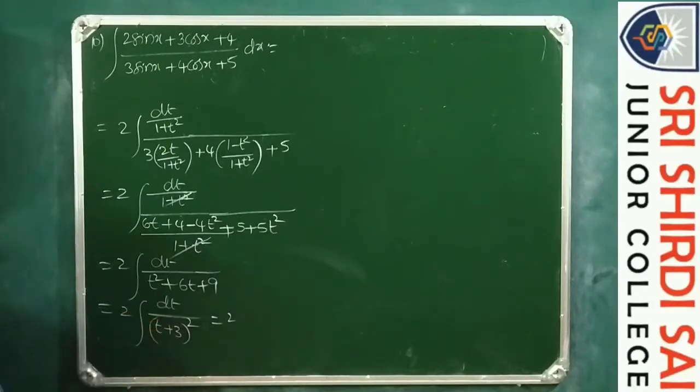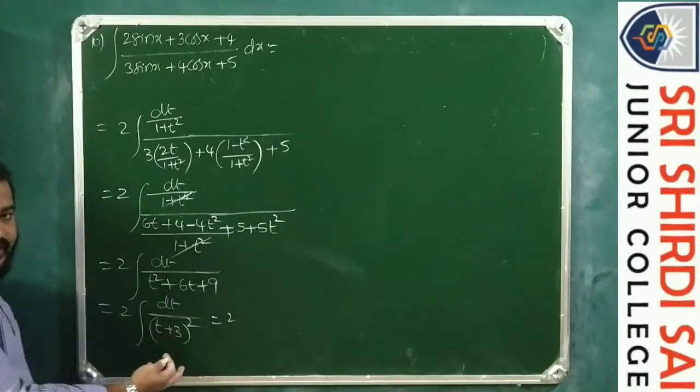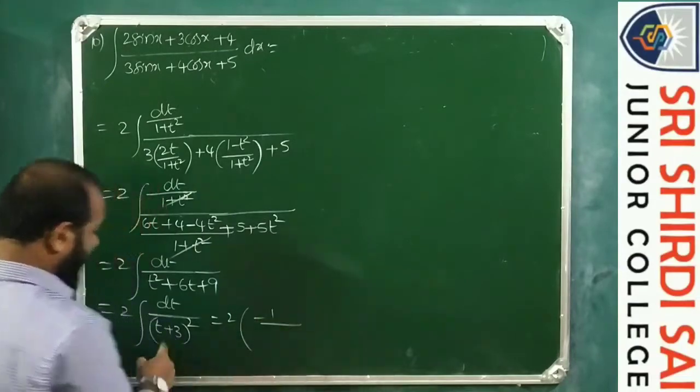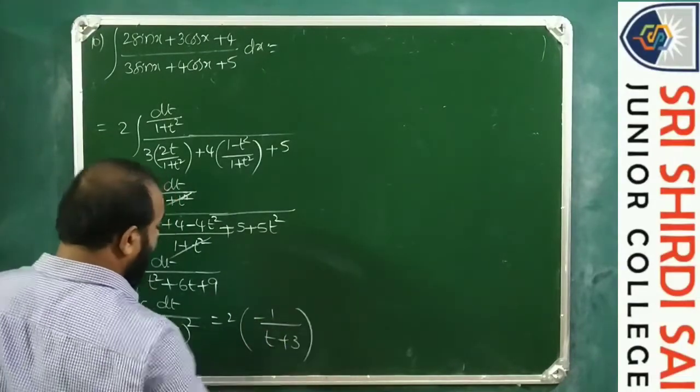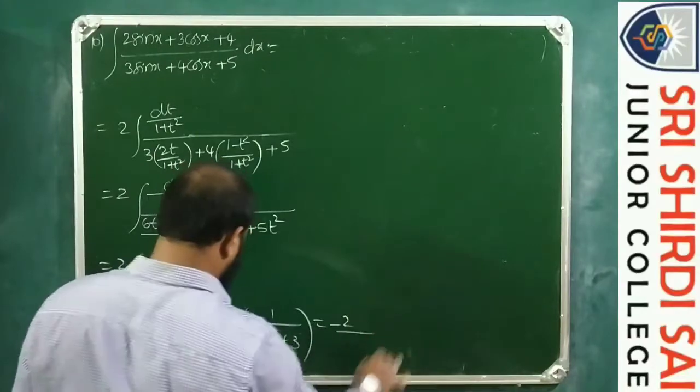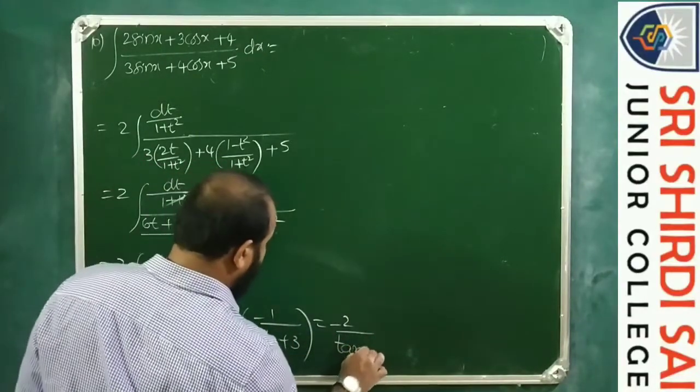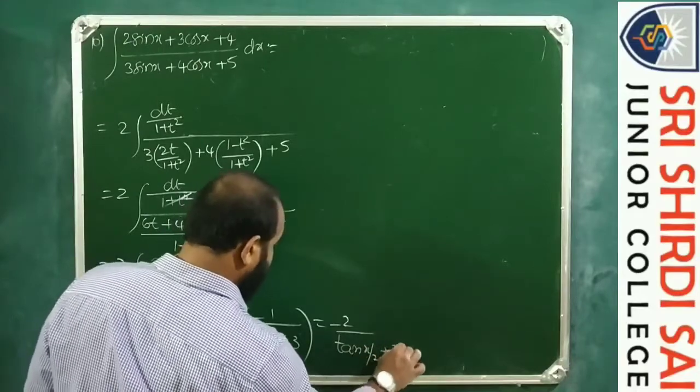integral 1 by x square dx is minus 1 by x. So this is minus 1 by x, here x is t plus 3, so minus 2 by t plus 3, where t value is tan x by 2, as we have taken before: tan x by 2 plus 3.